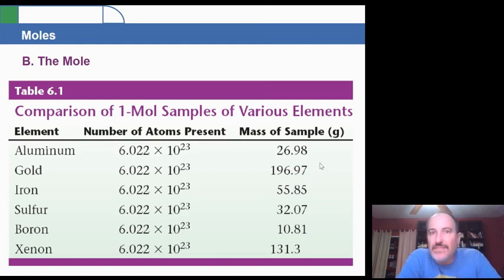And it makes it so much easier. So individually, a gold atom weighs 196.97 unified mass units, but a mole of gold atoms weighs 196.97 grams.